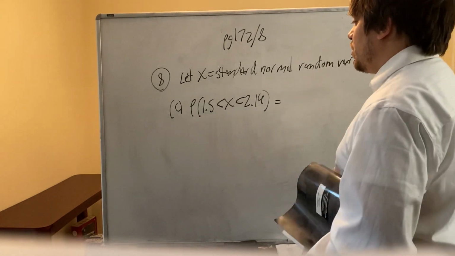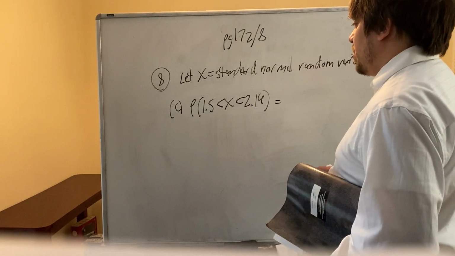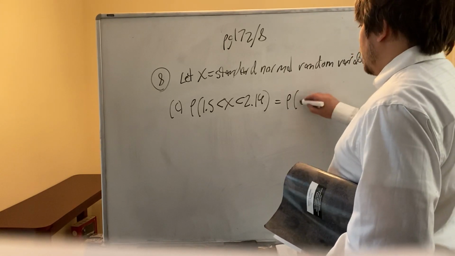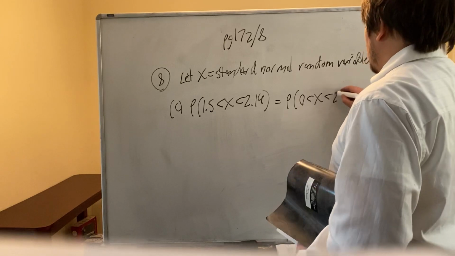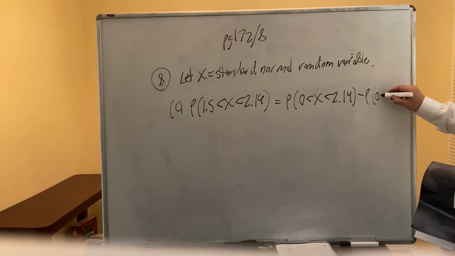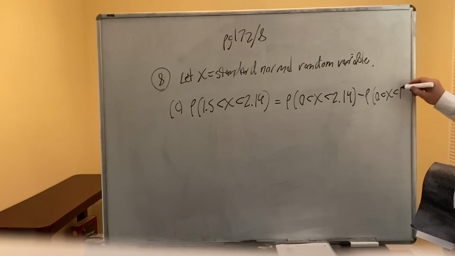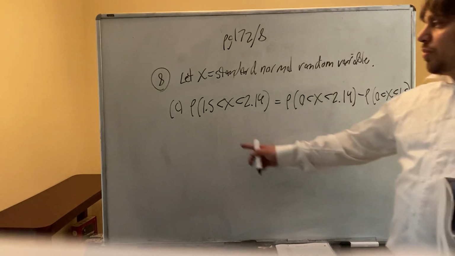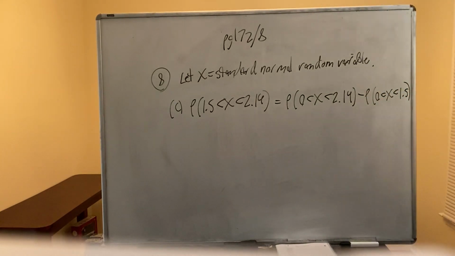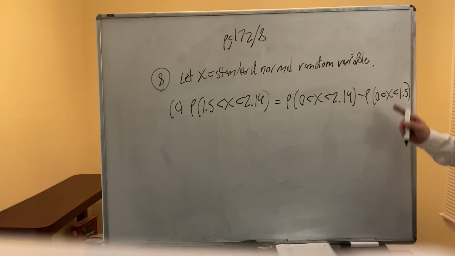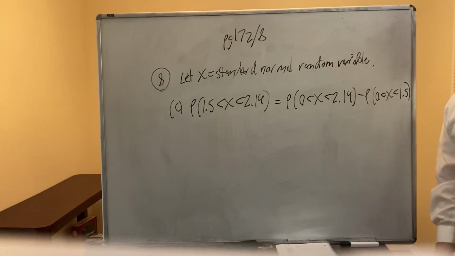So this is equal to the probability that 0 is less than X, less than 2.14, minus the probability that 0 is less than X, less than 1.5. Okay, so the probability that X is between 1.5 and 2.14 is the probability between 0 and 2.14 minus the probability between 0 and 1.5.